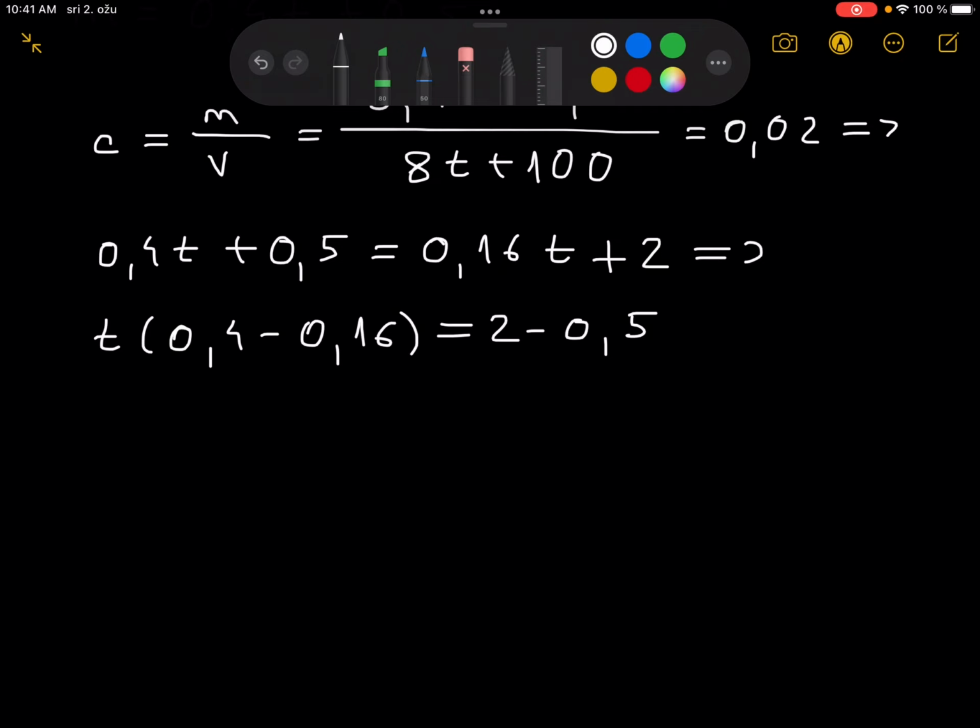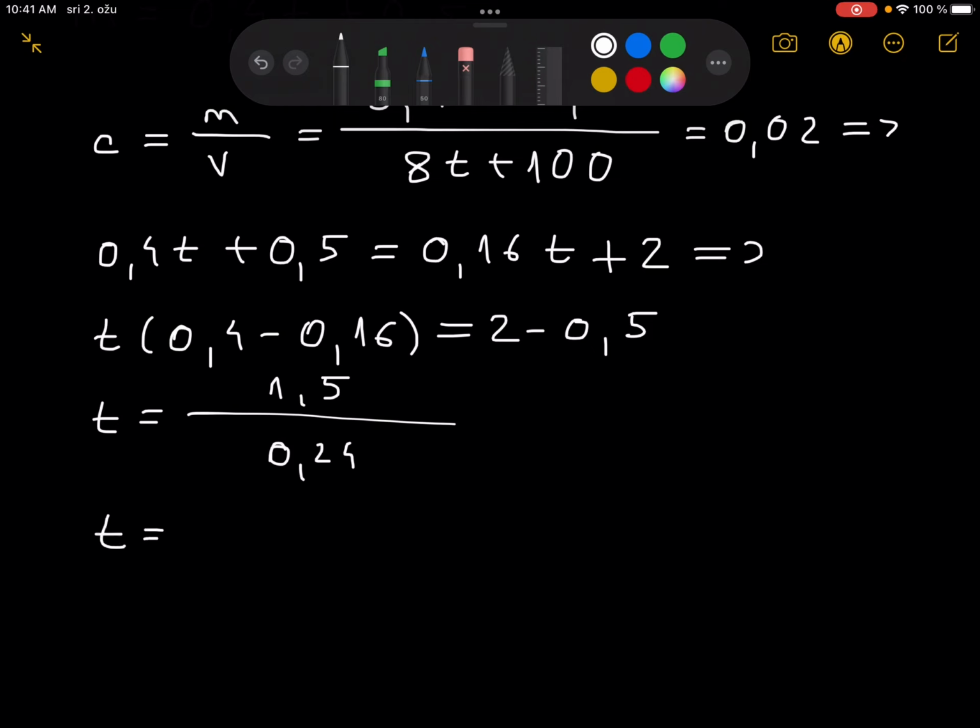And so t must be equal to 2 minus 0.5, which is 1.5, over 0.4 minus 0.16, and 0.4 minus 0.16 is equal to 0.24.